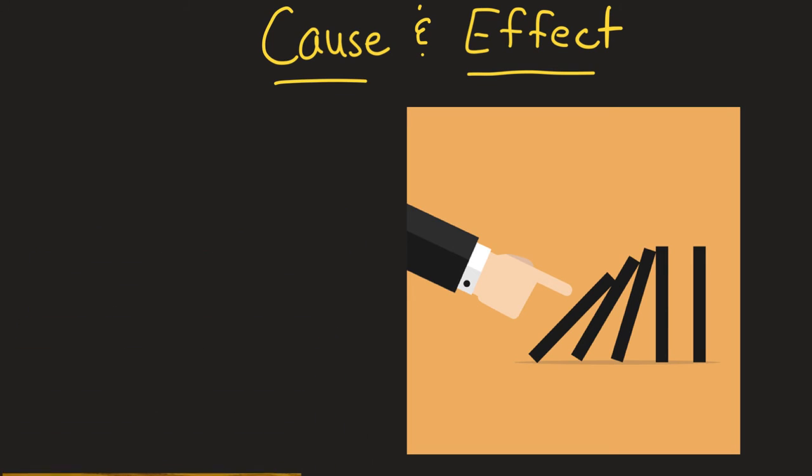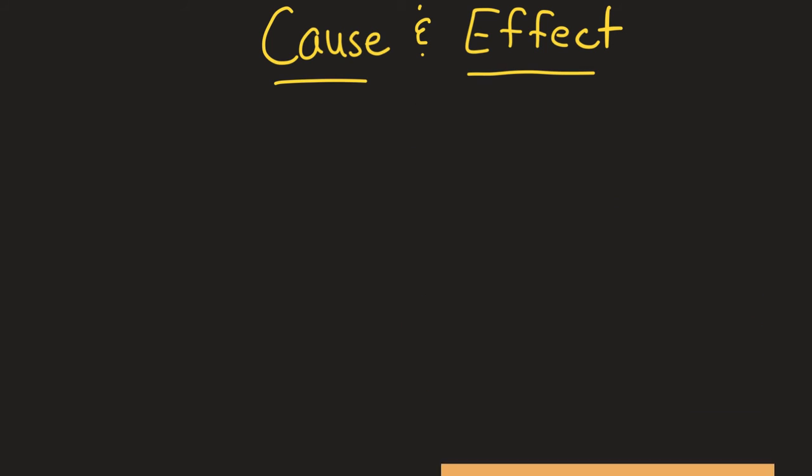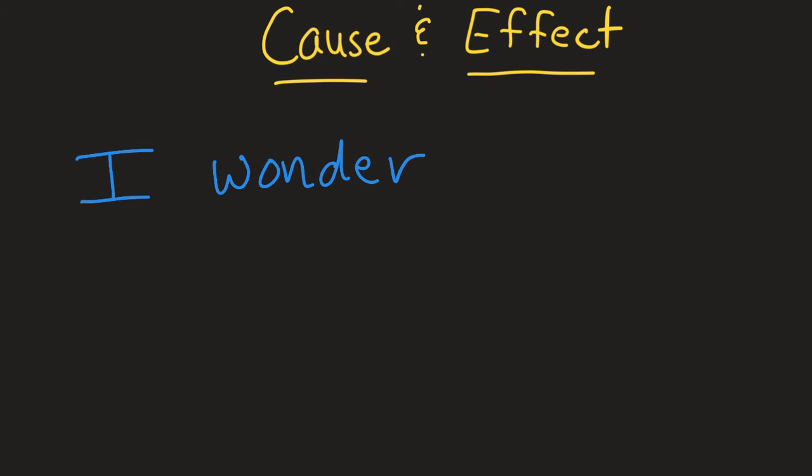What I want you guys to start doing, since we just started talking about asking questions in science, is take the whole "I wonder" format of questions and modify it. That's a good start, but we can make this even better.